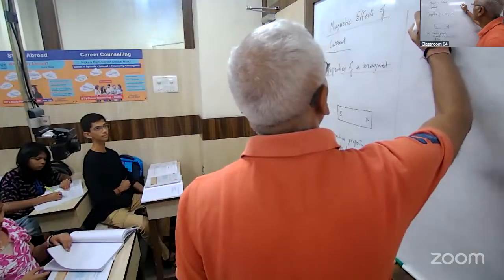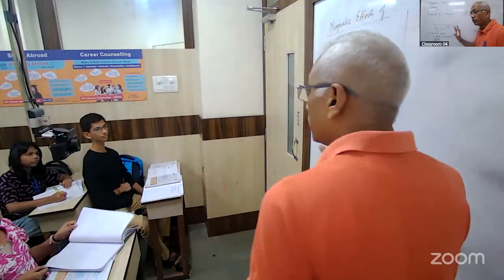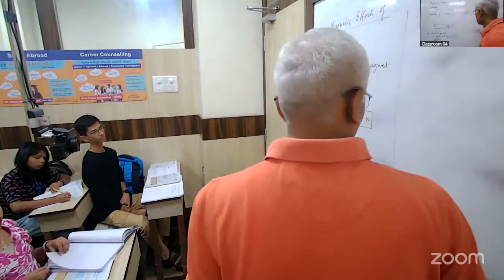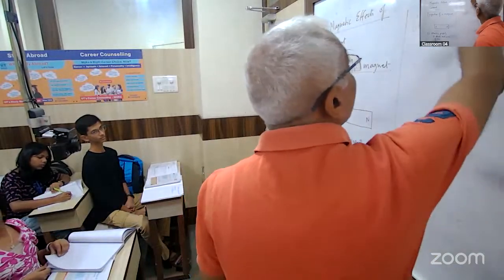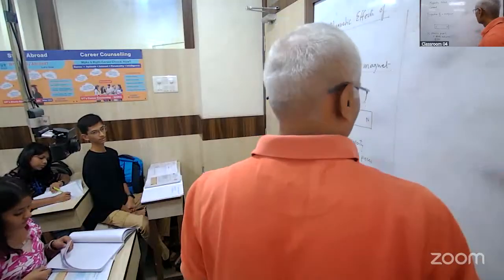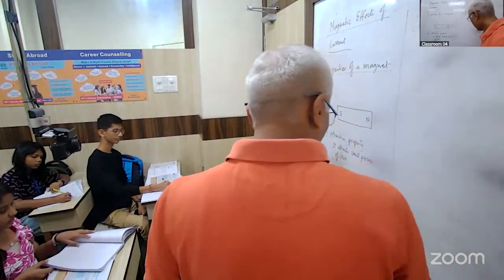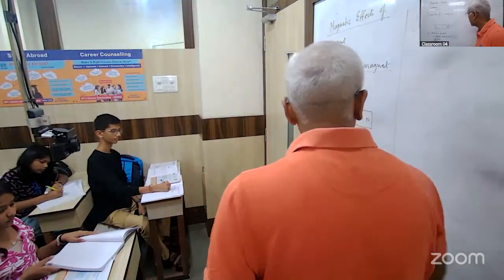Magnetic field, that we will come to. What is the third property? Does it have directive property? The third property is it has directive property. What is directive property?